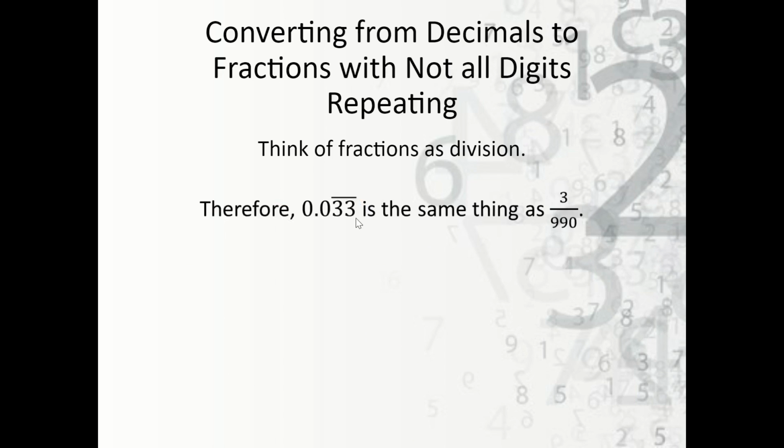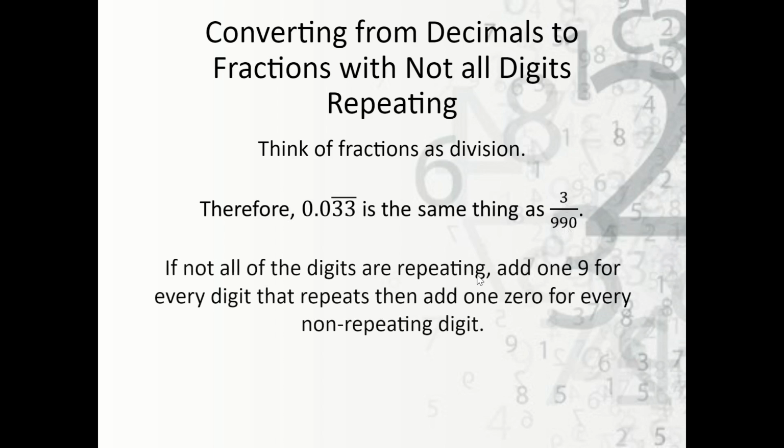Now this one here says 0.033 repeat. What this should end up being is 33 over 990. So let's use our rule again. For every digit that is repeating, we include a 9. For every digit that's not repeating, we include a 0.